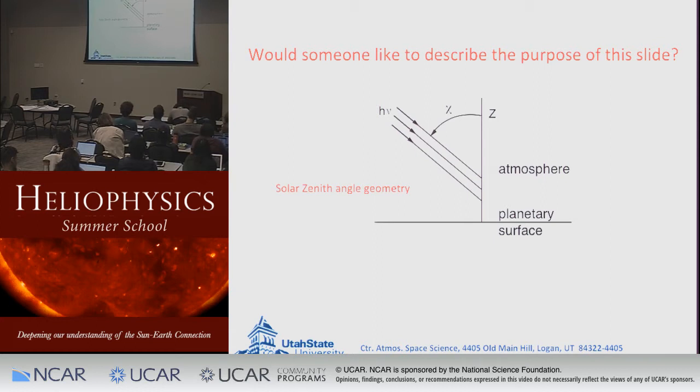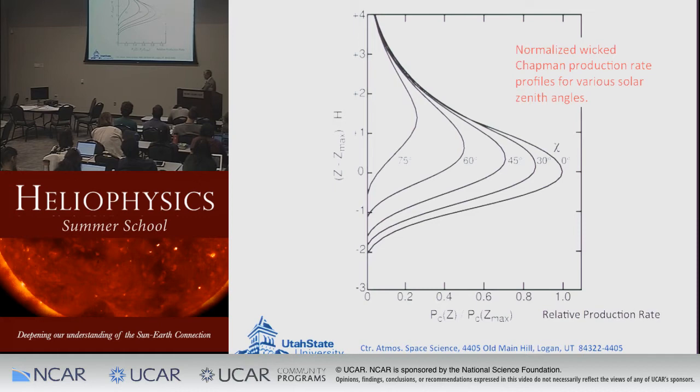In fact, you can go about almost 10 degrees beyond what you call the day-night boundary and still have some ionization at these higher altitudes. So this then, from Sidney Chapman, leads to these things called Chapman production rates.